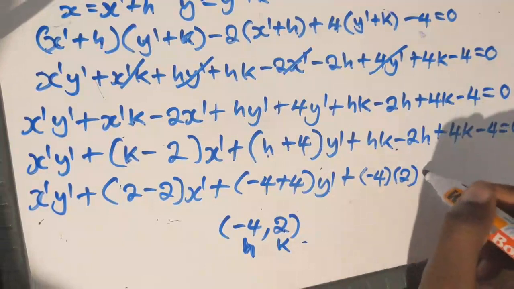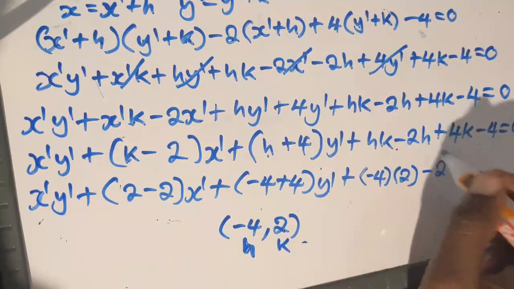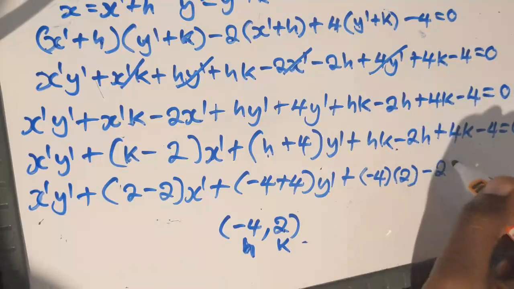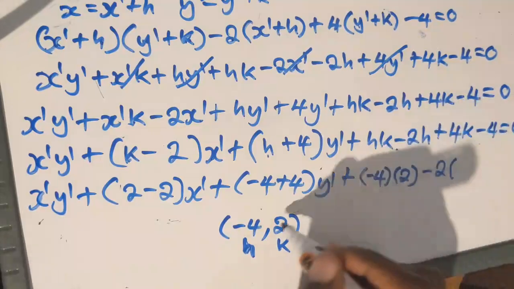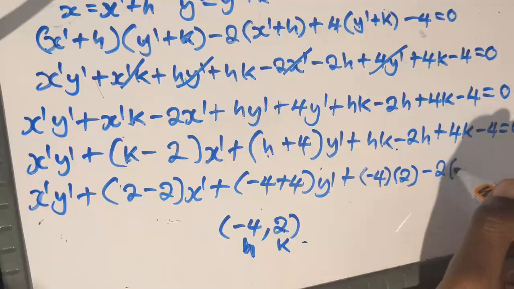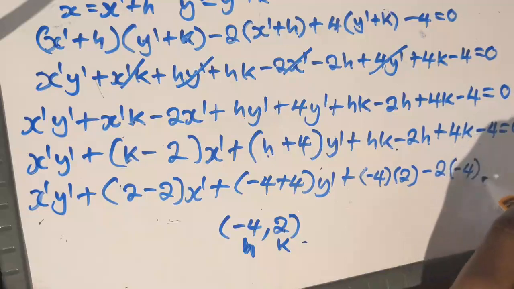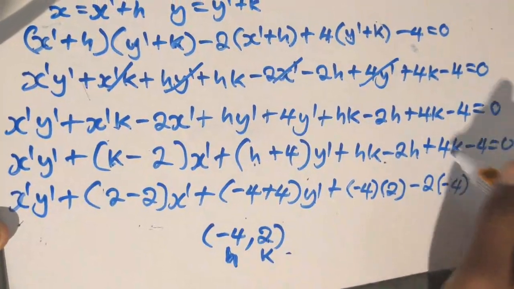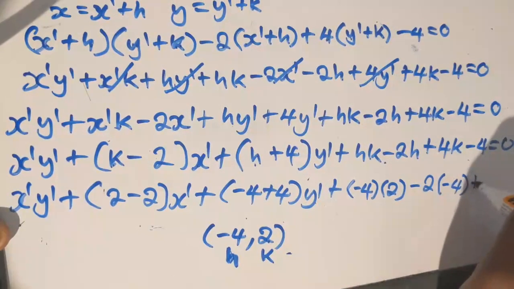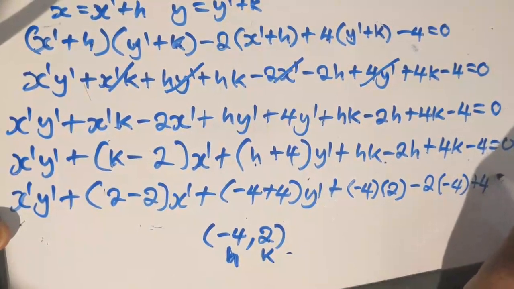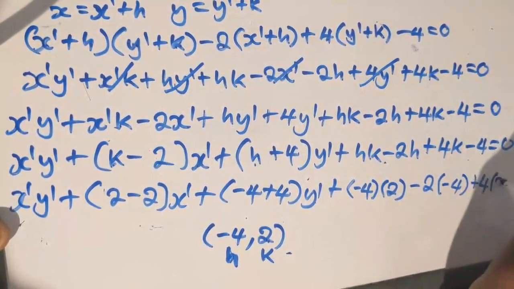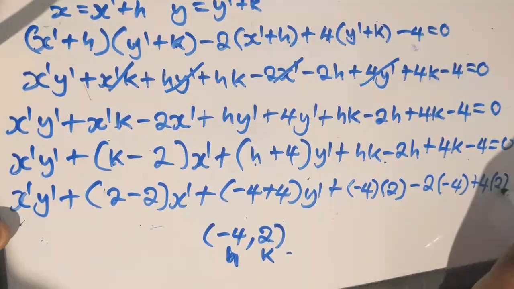Okay, then minus 2. What is h? So you are multiplying with h. H is negative 4. So negative 4. Okay, then you say here positive 4. What is our k? Our k is 2, so 2 like that.